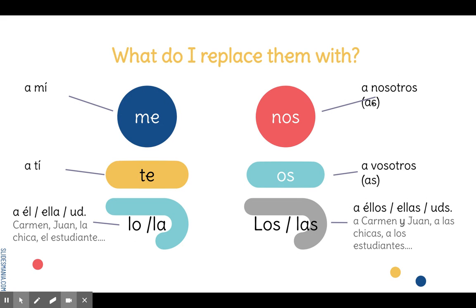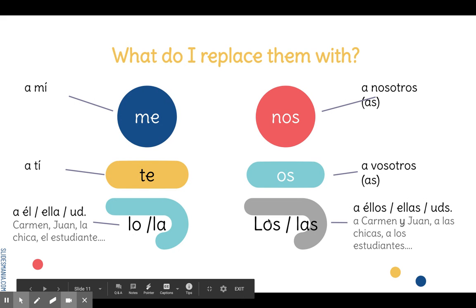If we or us is the object, you go with "nos." If you ever see "a vosotros," you go with "os." If you ever see "a ellos, a ellas, a ustedes, a Carmen y Juan, a las chicas, a los estudiantes," or "los marcadores," to say it correctly, three things, right? So three things I replace with either "los" or "las," depending if it's masculine or feminine.